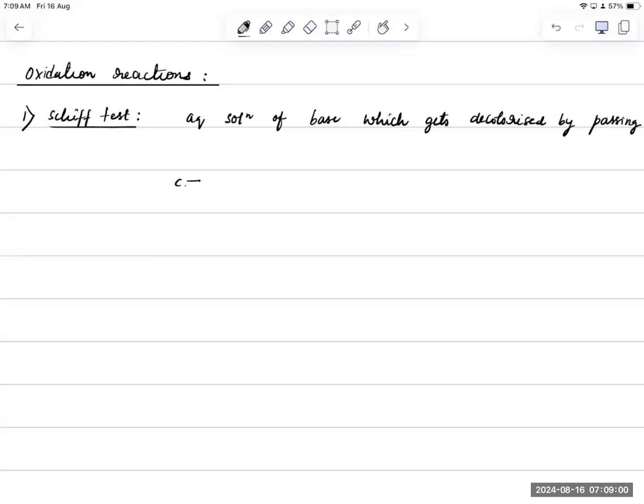It is like this, C double bond connected with this quinoid form with NH2 plus and Cl minus, and the other side will have a connection like this with NH2, and the same way here also it is connected with NH2.